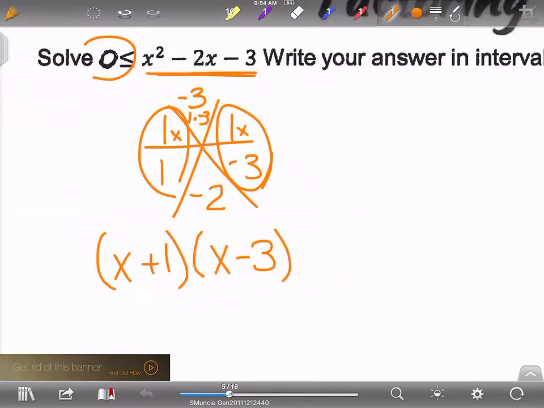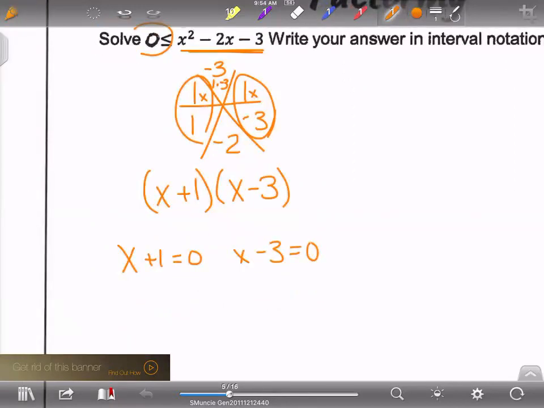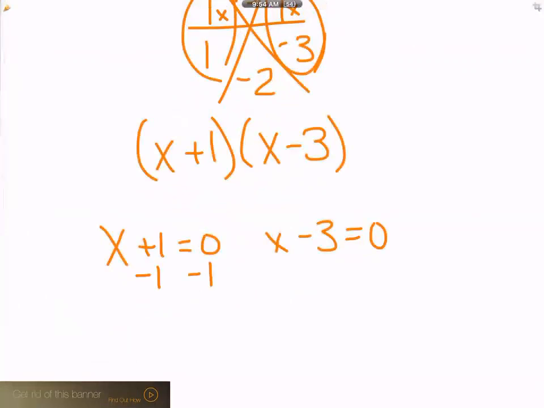We're going to continue and set them both equal to 0. So x plus 1 equals 0, x minus 3 equals 0. Subtract 1 from both sides. That gives us x equals -1. Don't circle it because it's not your final answer.